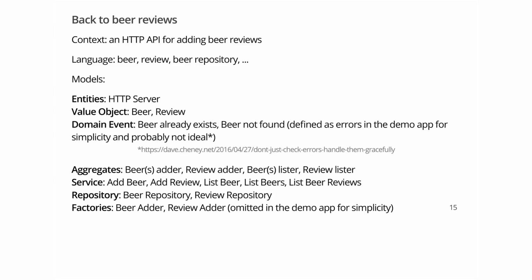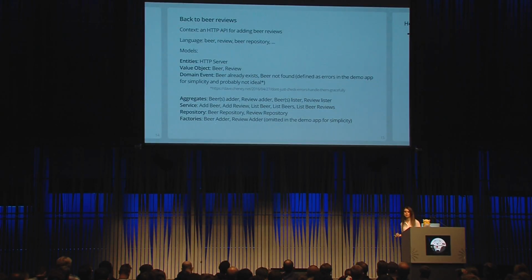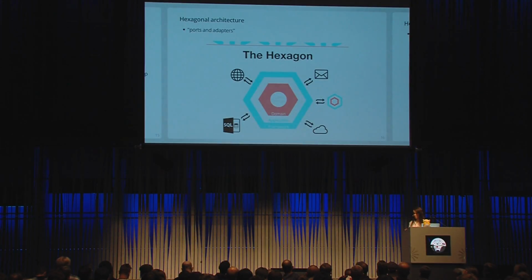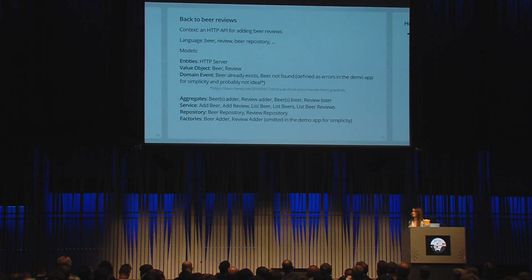That's probably not textbook correct, probably not ideal. But again, I like the approach of taking whatever works for you and leaving whatever doesn't. I don't think it's necessarily worth overcomplicating your structure for the sake of being 100% textbook correct. Also, Dave Cheney wrote a blog post about how you should handle errors, and I completely did not do what he said I should be doing. But again, that doesn't really matter for this project. I just went for simplicity.